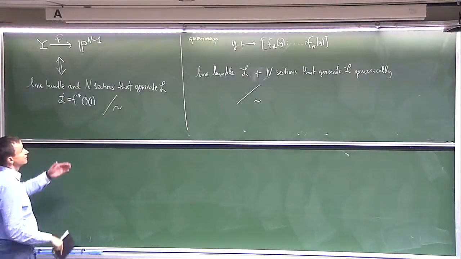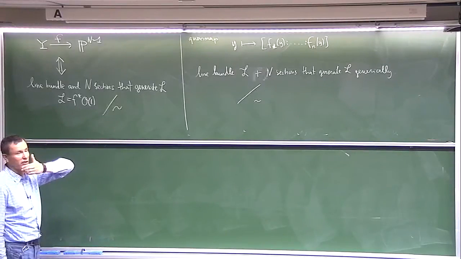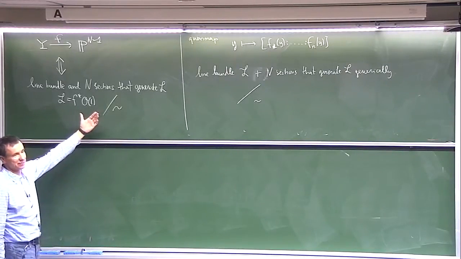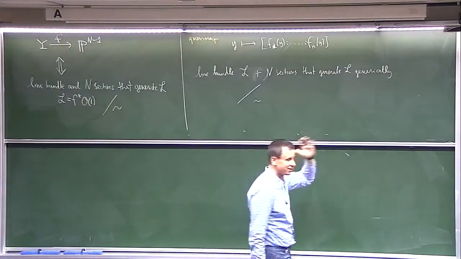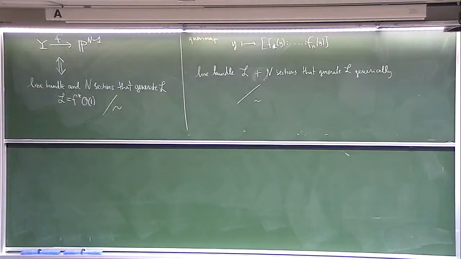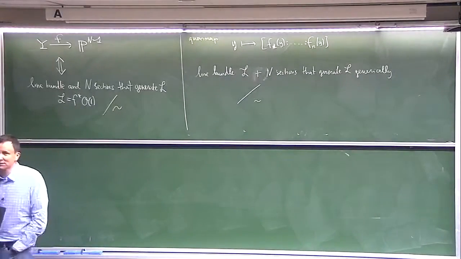Now, of course, if you have this notion, you can define a similar notion of quasi-map to, say, Grassmannian. So you have a vector bundle. In general, if you have a map to the Grassmannian, it's easier to pull back the tautological quotient bundle.